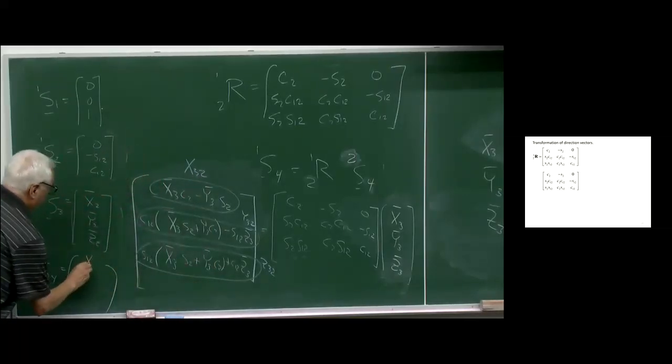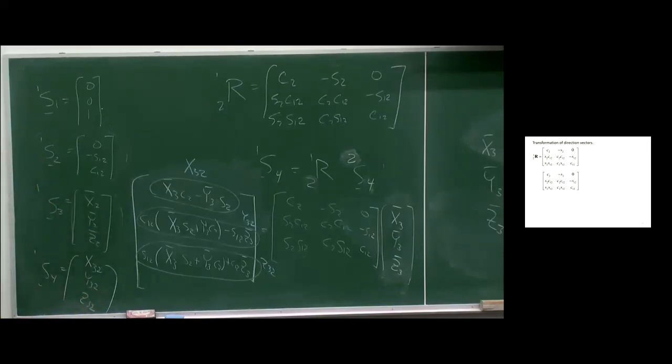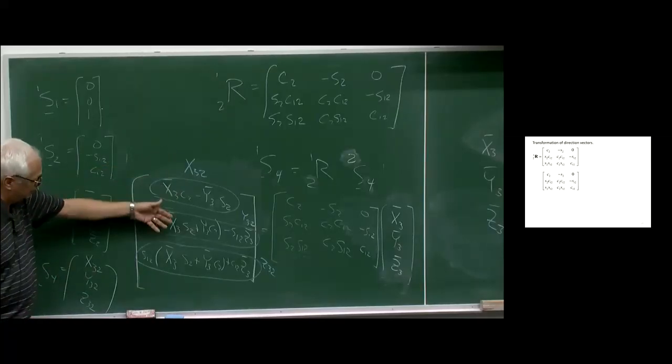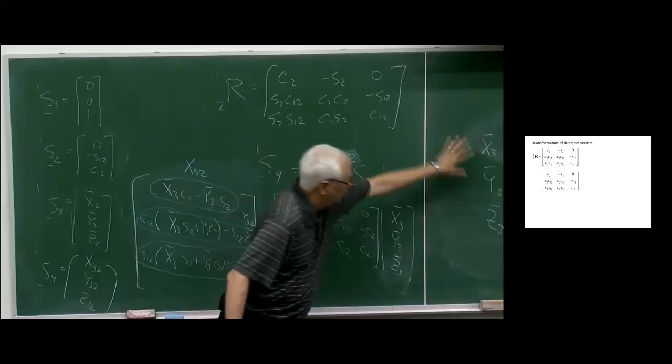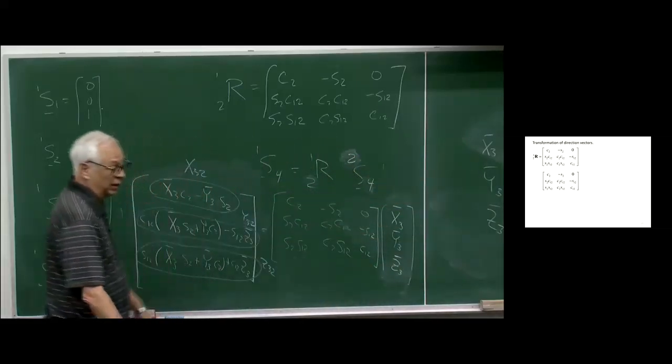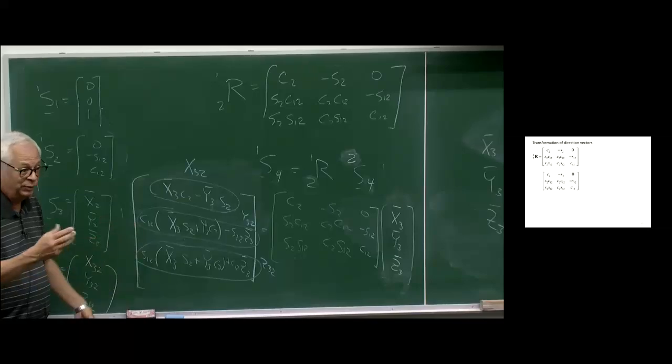So when I come over here, I can just save a lot of chalk: X32, Y32, Z32. And then I'd say, where, by definition, X32 is this. And then I would say, where, by definition, X3 bar, Y3 bar, Z3 bar are on the other board there. And if you did put them all together and try to write them down, the odds are pretty slim you wouldn't do it without a mistake.